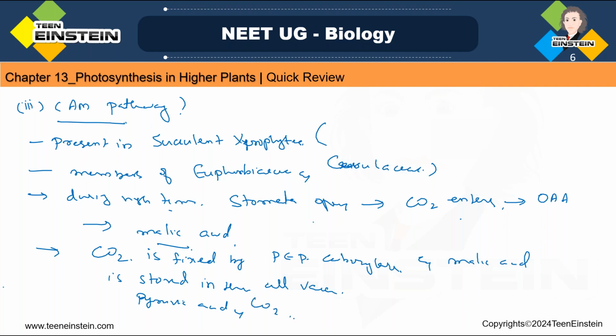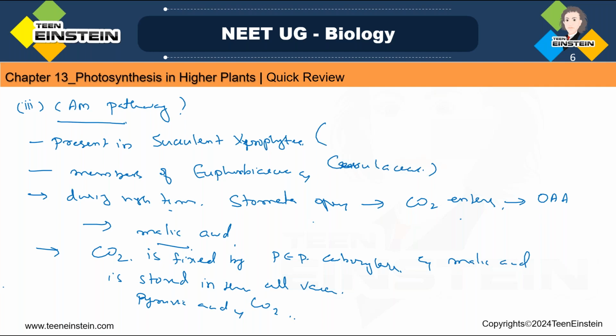The pyruvic acid so produced is recycled back to phosphoenol pyruvic acid, PEP. The carbon dioxide enters the Calvin cycle.